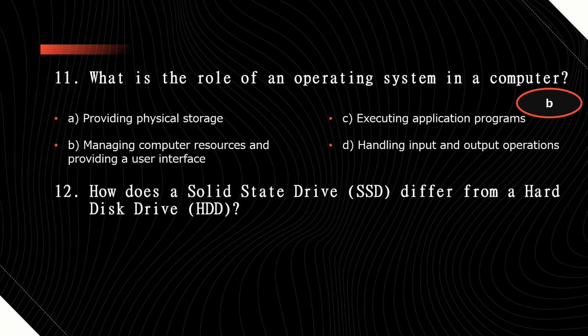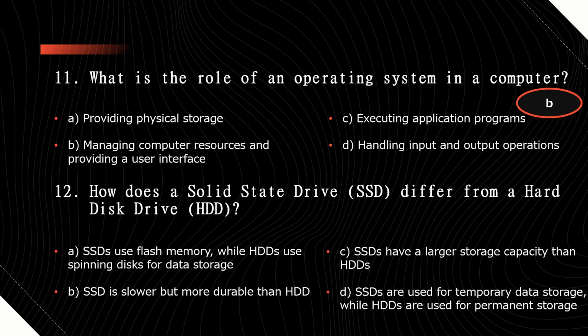How does a solid state drive differ from a hard disk drive? Options. A. SSDs use flash memory while HDDs use spinning disks for data storage. B. SSD is slower but more durable than HDD. C. SSDs have a larger storage capacity than HDDs.